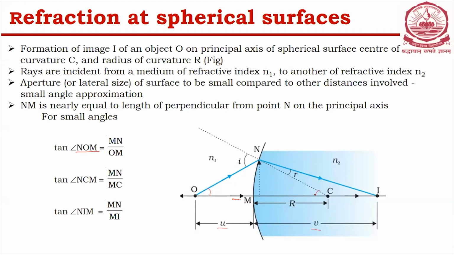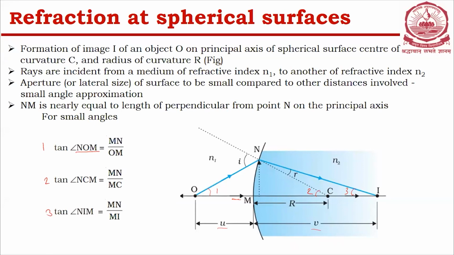And for NIM, this angle, it is MN divided by MI. I have taken all these angles, and you can label them 1, 2, 3.